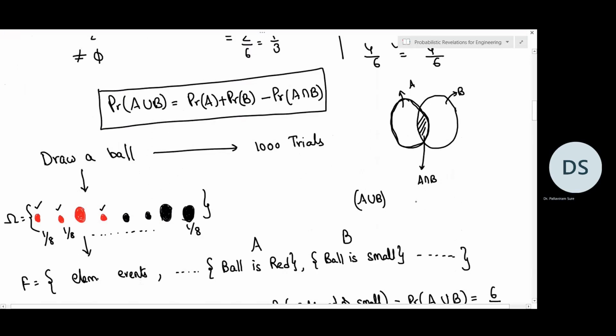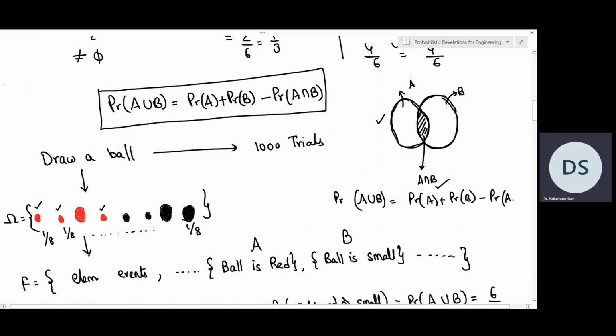So it is A completely and even this region B completely, but this shaded portion has been counted in A also and B also. So one time we should subtract this A intersection B region. That's why we say probability of A union B is probability of A plus probability of B minus, one time we have to subtract this region's probability, that is A intersection B. So thus you can also represent this equation with the help of Venn diagrams.